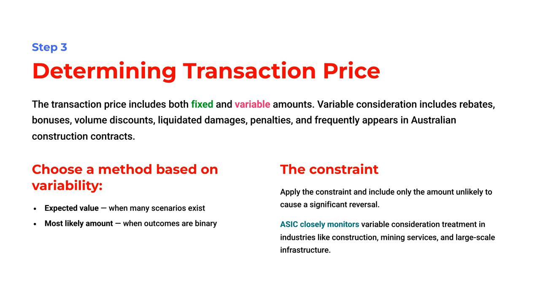Expected value, when many scenarios exist. Most likely amount, when outcomes are binary. Apply the constraint and include only the amount unlikely to cause a significant reversal. ASIC closely monitors variable consideration treatment in industries like construction, mining services, and large-scale infrastructure.